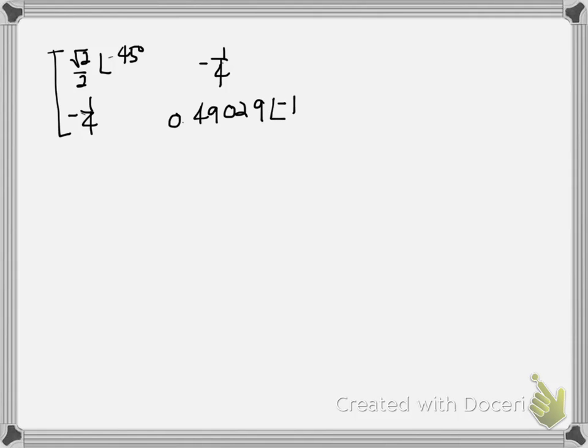And so the matrix: we have square root of 2 over 2 angle minus 45 and 1/4, minus 1/4 and 0.49029 angle minus 11.3099, times V1 and V3.